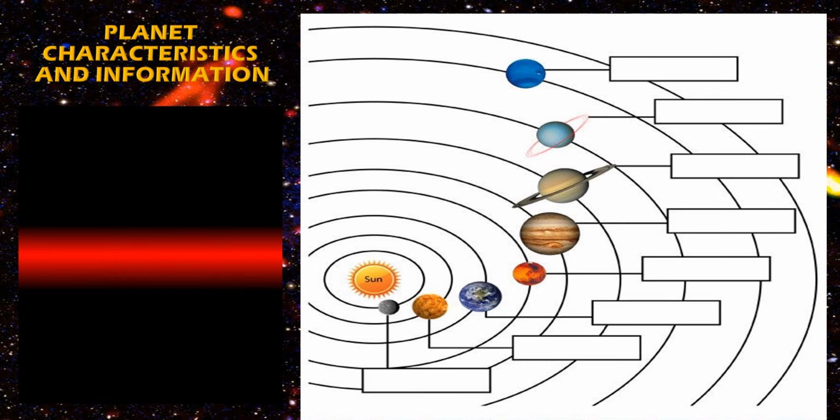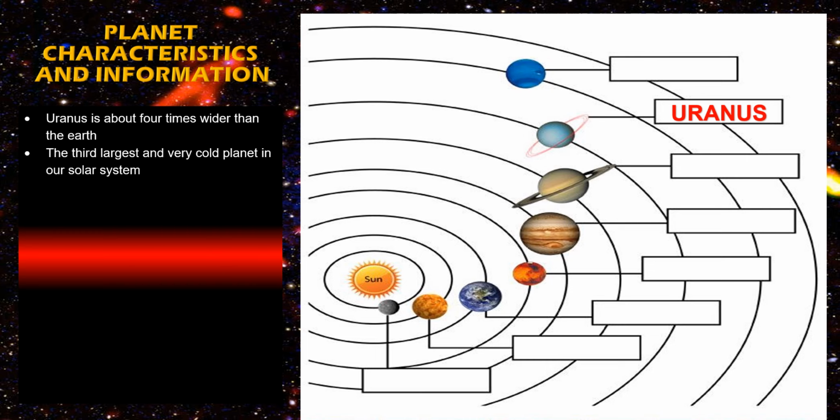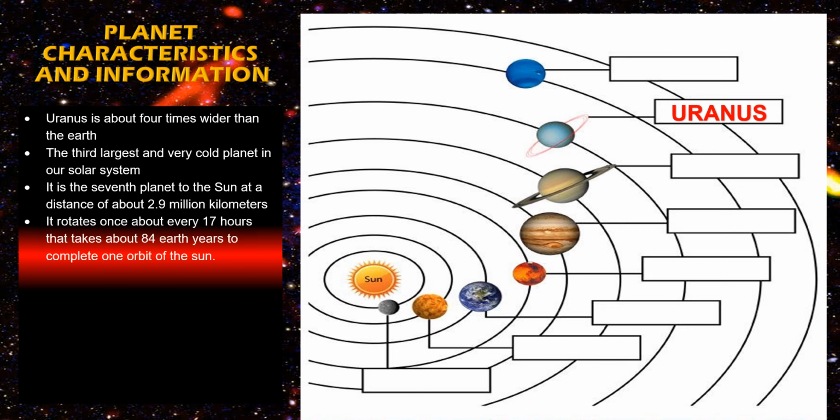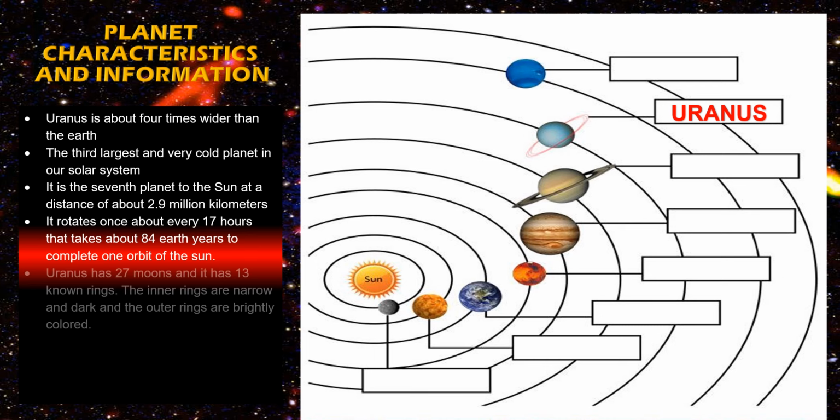The next is Uranus. Uranus is about 4 times wider than Earth. It is the third largest and a very cold planet in our solar system. Uranus is the seventh planet from the Sun, at a distance of about 2.9 billion kilometers. It rotates once about every 17 hours and takes about 84 Earth years to complete one orbit of the Sun.